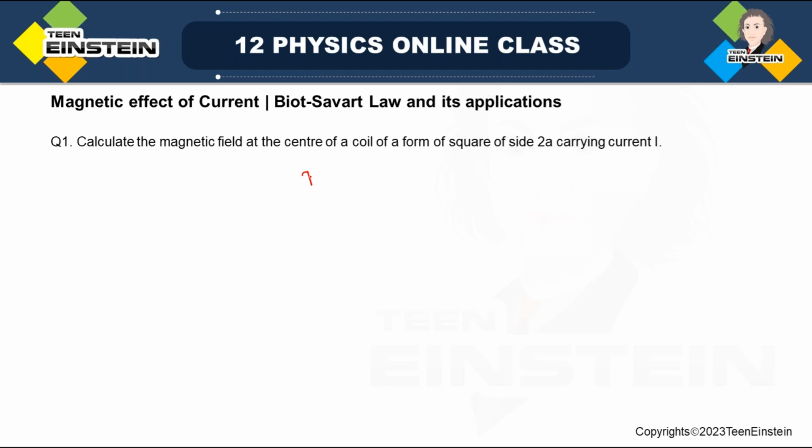See the main formula we got for a straight conducting wire, mu 0 I by 4 pi a, sin theta 1 plus sin theta 2. This is the main formula or master formula for a straight conducting wire.